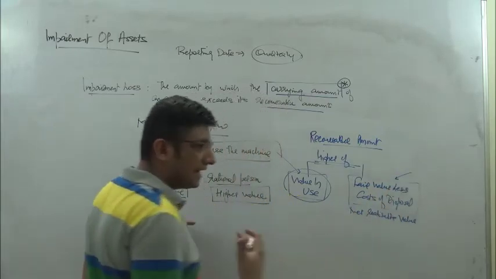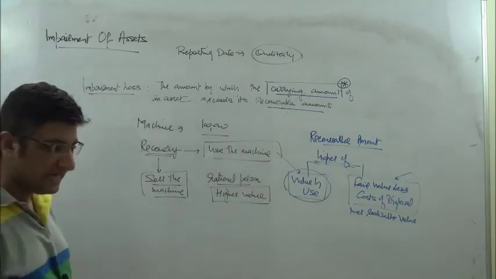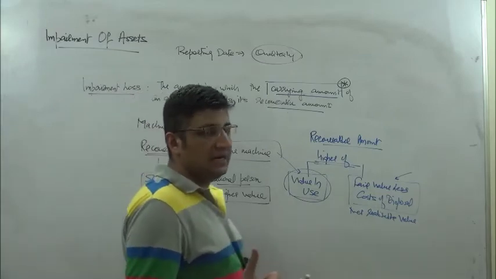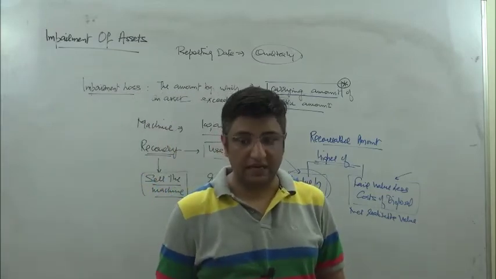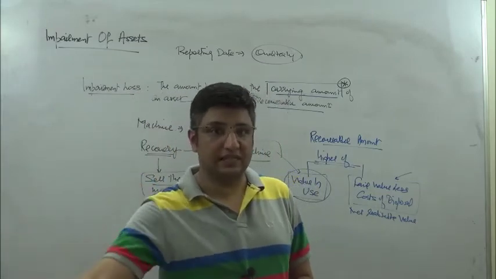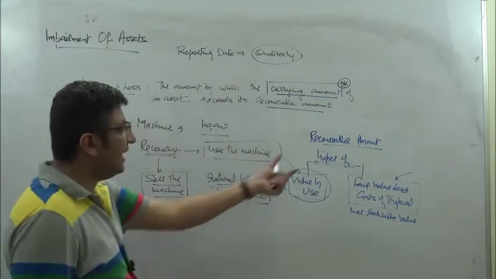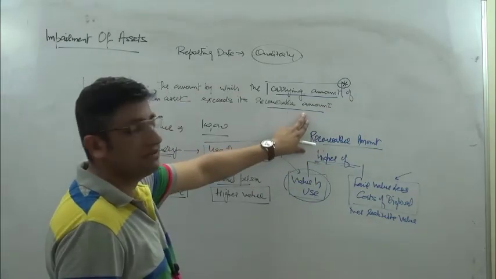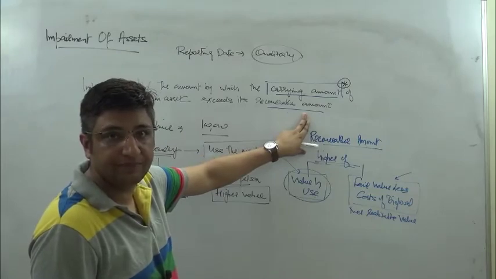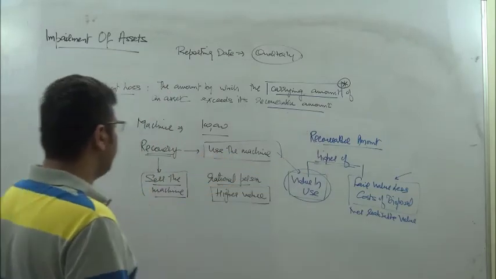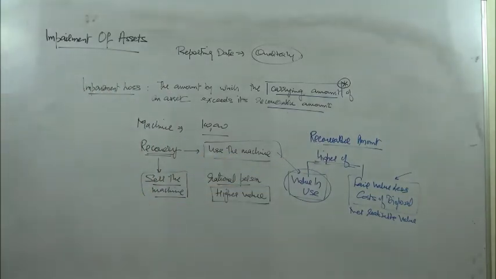What is the market value that I'm going to get by selling this machine? But of course there could be some direct costs that I need to incur to be able to sell this machine. Okay, so I take the higher of the two, and that is something which is going to be my recoverable amount.